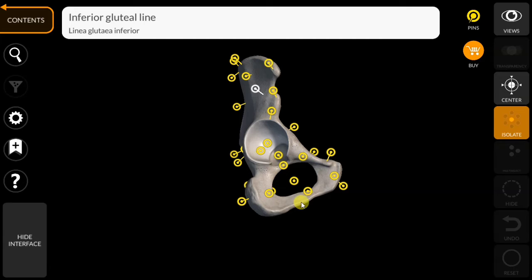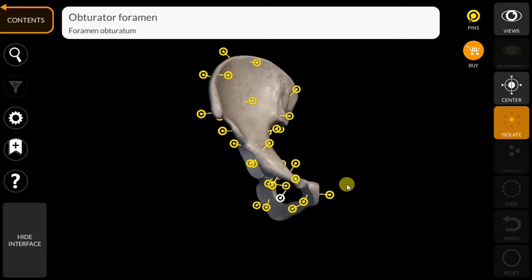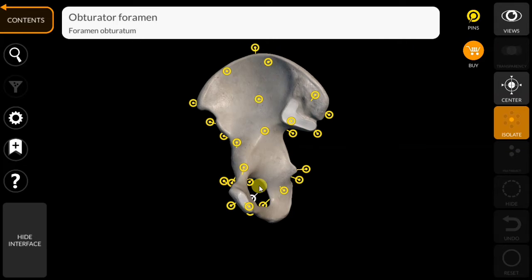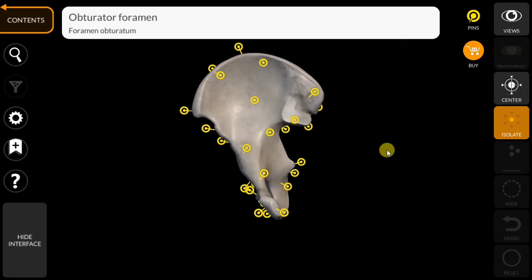This whole cavity is called the obturator foramen, from where the obturator nerve and arteries pass through and supply the medial side of the anterior thigh. This is the arcuate line.